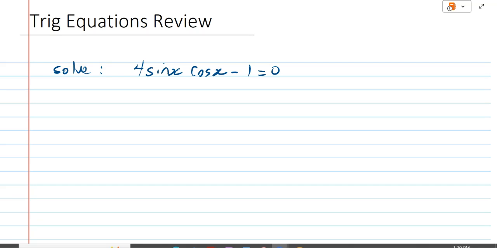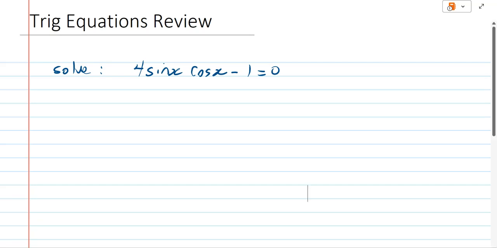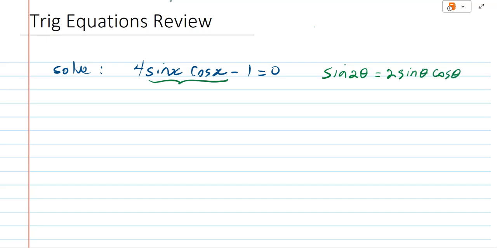All right, so notice that what we have here is sine x cos x. There is a double angle identity for sine that says sine of 2 theta is equal to 2 sine theta cos theta. We're going to use that. First, let's move this factor 2 out of the first term.